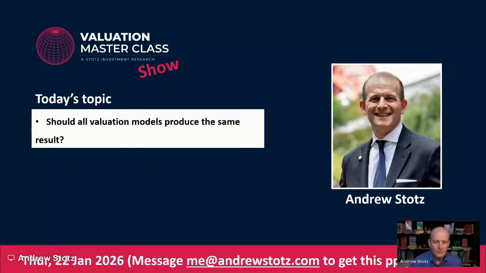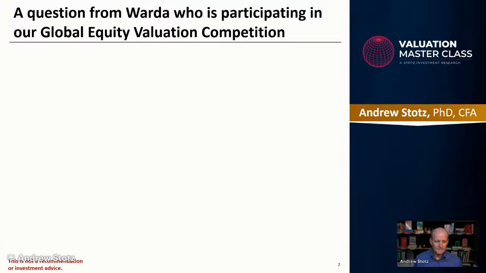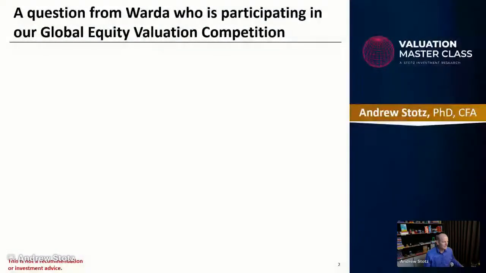So this was the question that I got, and I get this question a lot. Let's look at the question in a little more detail. It's a question from Warda, who is participating in the Global Equity Valuation Competition.